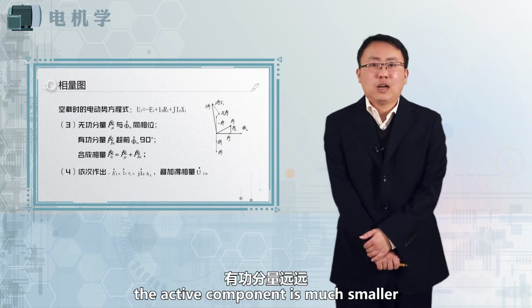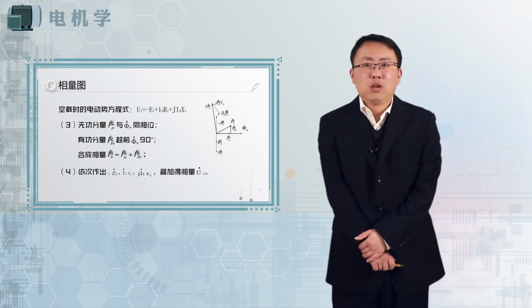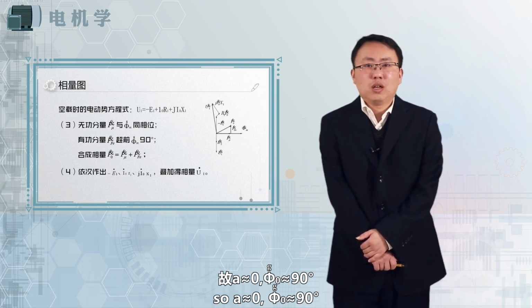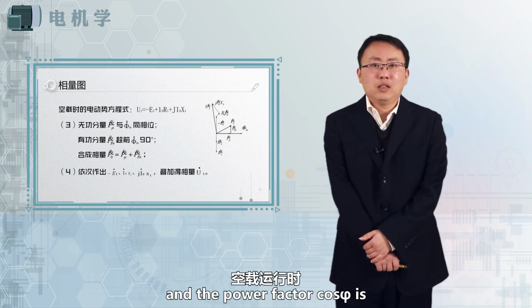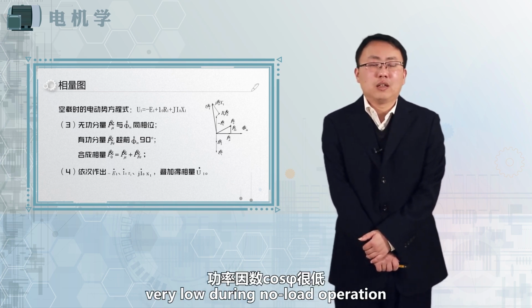Generally, the active component is much smaller than the reactive component, so phi 0 approximately equals 90 degrees, and the power factor cosine phi 0 is very low during no-load operation.